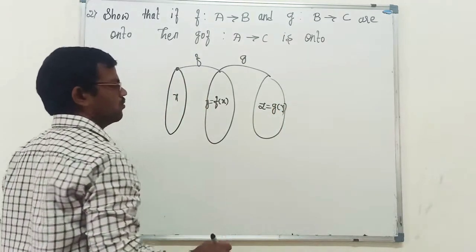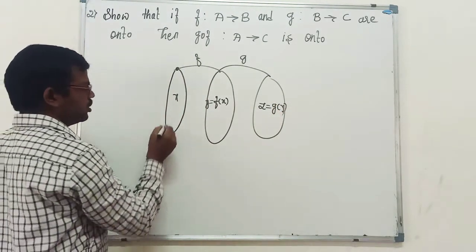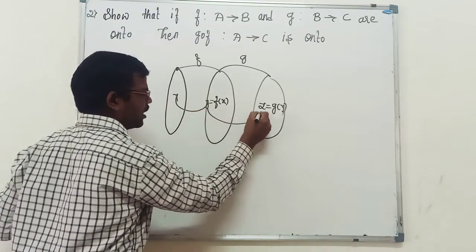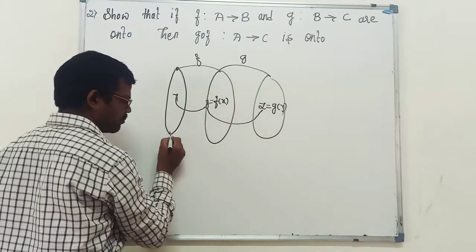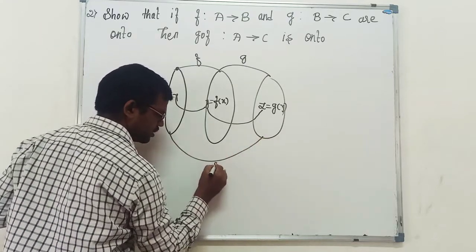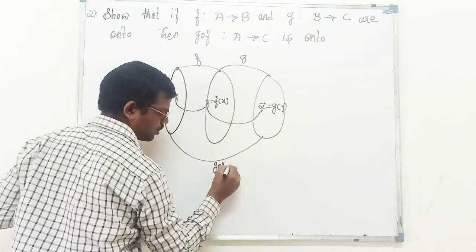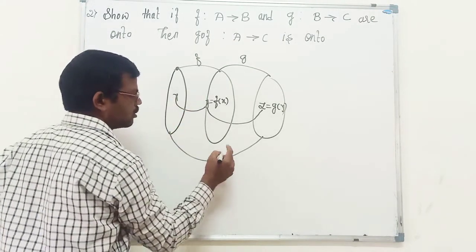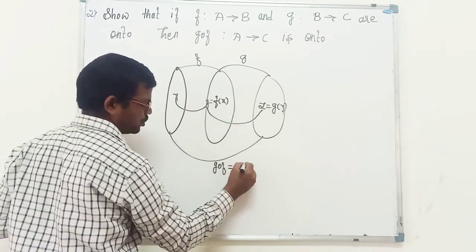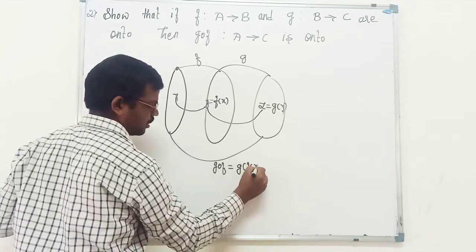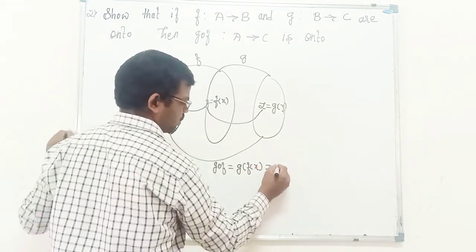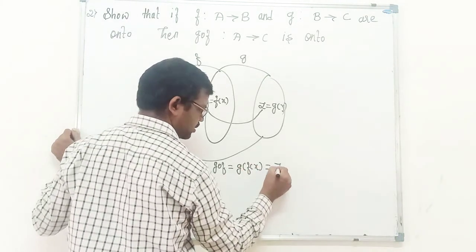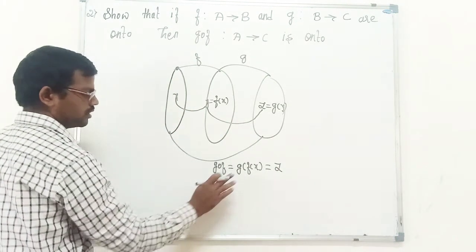So for this x we have a y, and for this y we have a z here. Then the composition is defined like this: g composition f of x is nothing but g of f of x, f of x is nothing but y, g of y is nothing but z. We have to show that this is z.